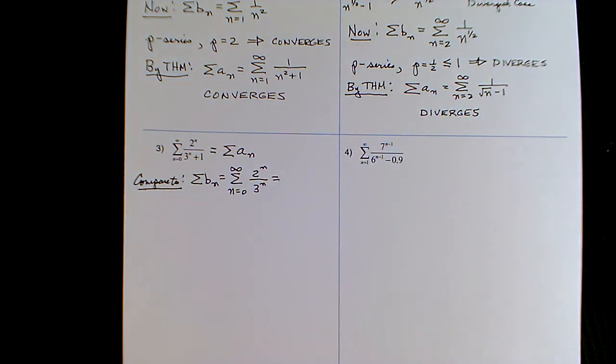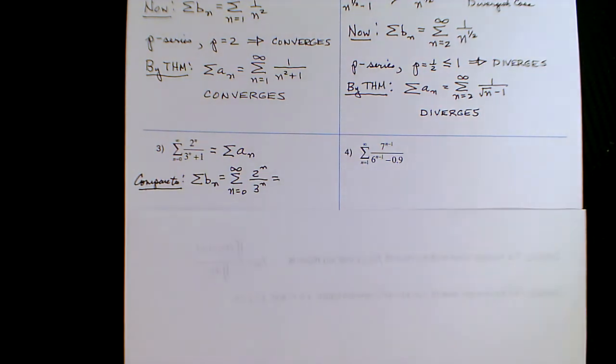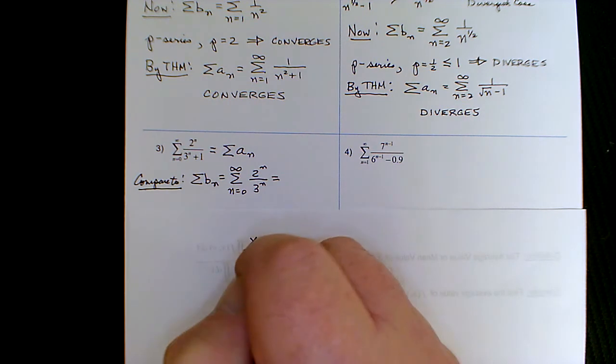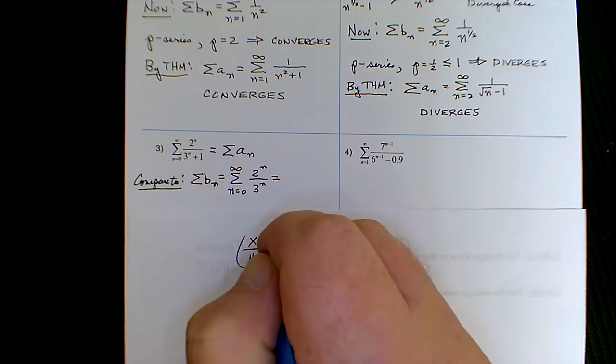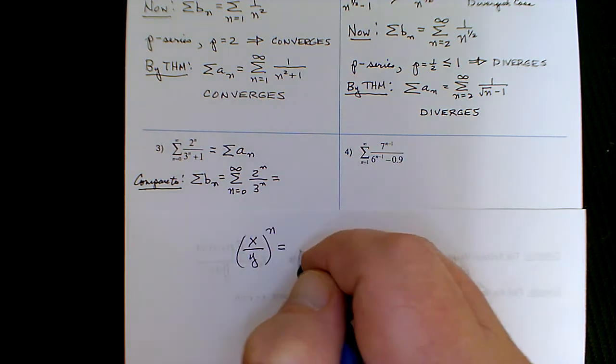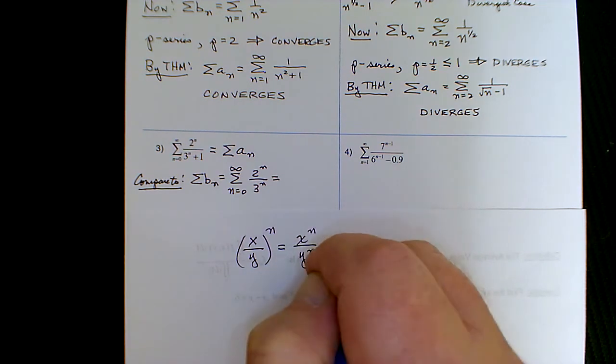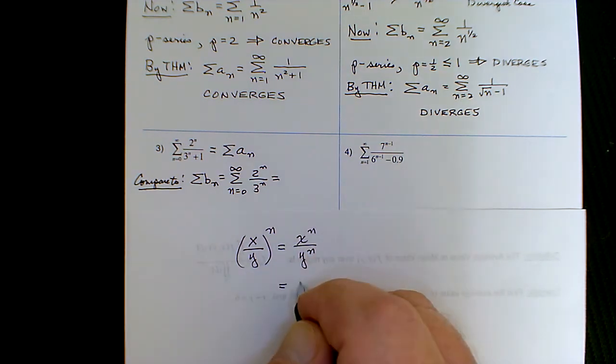Because you might not think it's geometric at this point, but consider this. The basic rule of algebra for a quotient raised to a power, x over y to the nth, is the same as x to the nth over y to the nth. So we're going to use this rule in reverse.